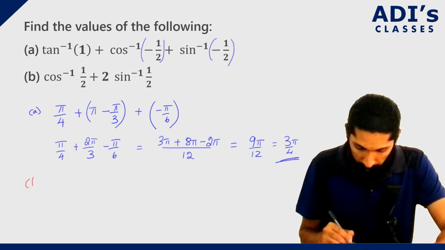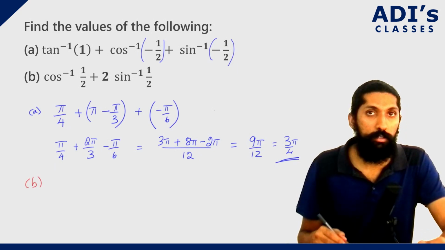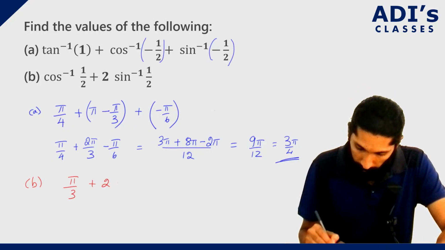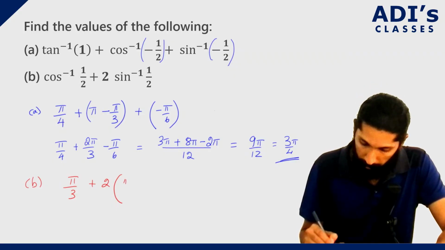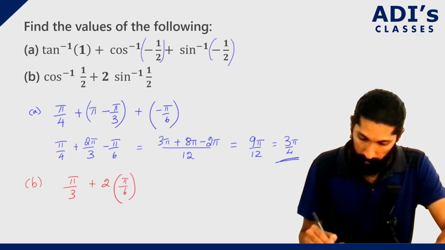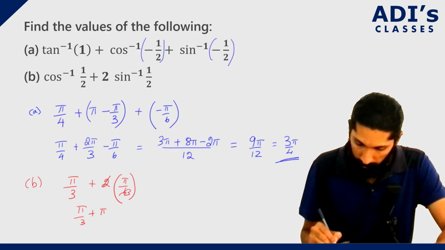So next is B. Cos inverse of half is how much? Pi by 3. Pi by 3 plus 2 into sine inverse of half, which is pi by 6. Correct? 2 times pi by 6 is pi by 3. Pi by 3 plus pi by 3, the answer becomes 2 pi by 3.